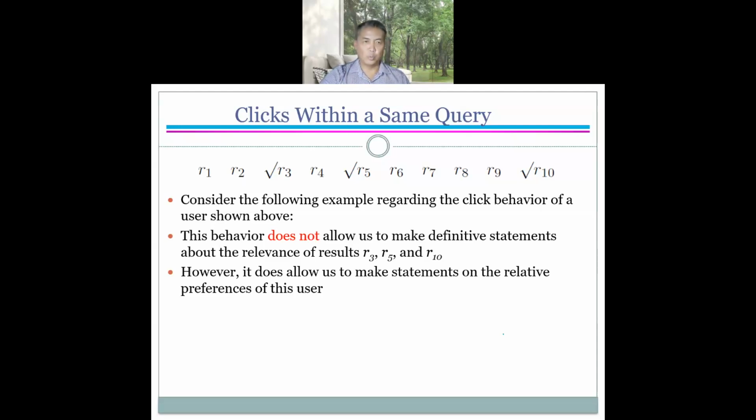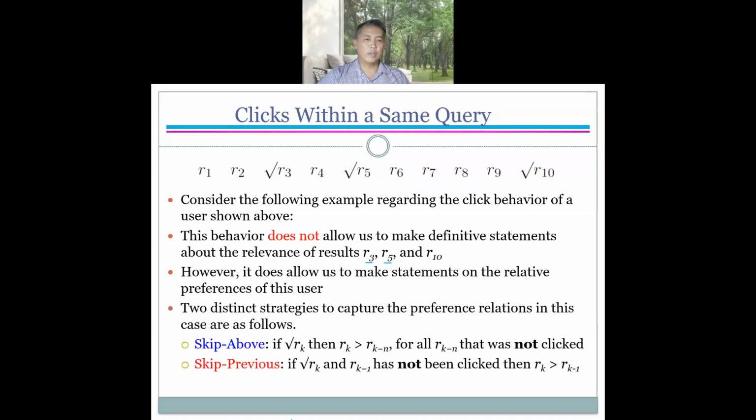R3 is more important compared to R1 and R2. But we cannot assume that R3 is more important compared to R5 and so on.